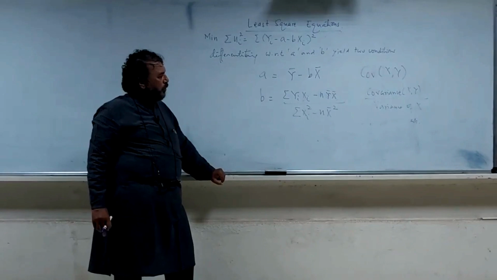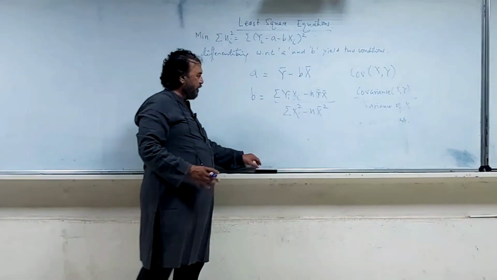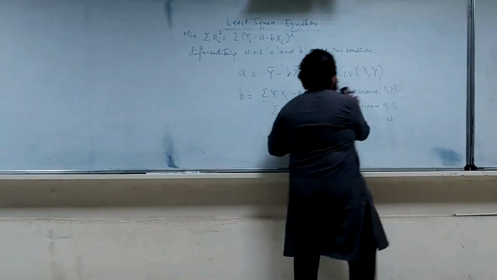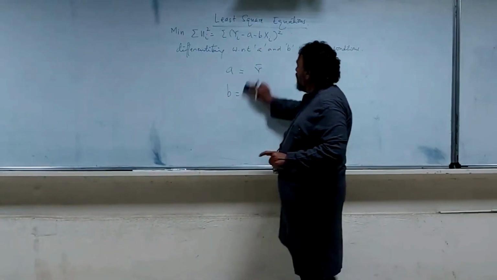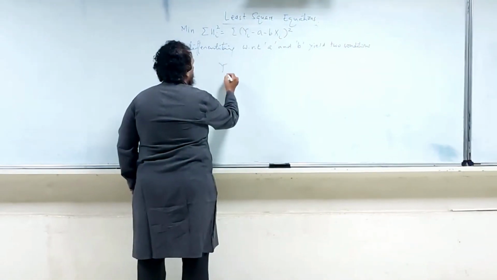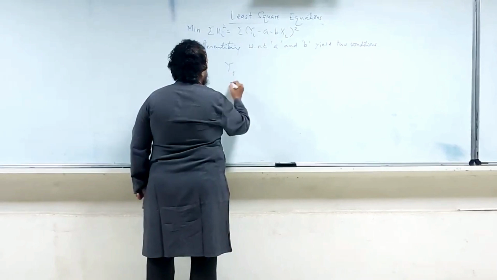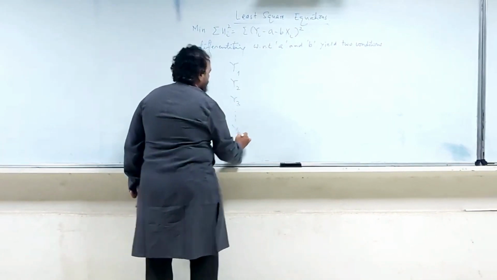The covariance formula takes us slightly into a different way of looking at it. It's not different, it just looks different in appearance. Please notice this as follows. We have got y1, y2, y3, etc. to yn.